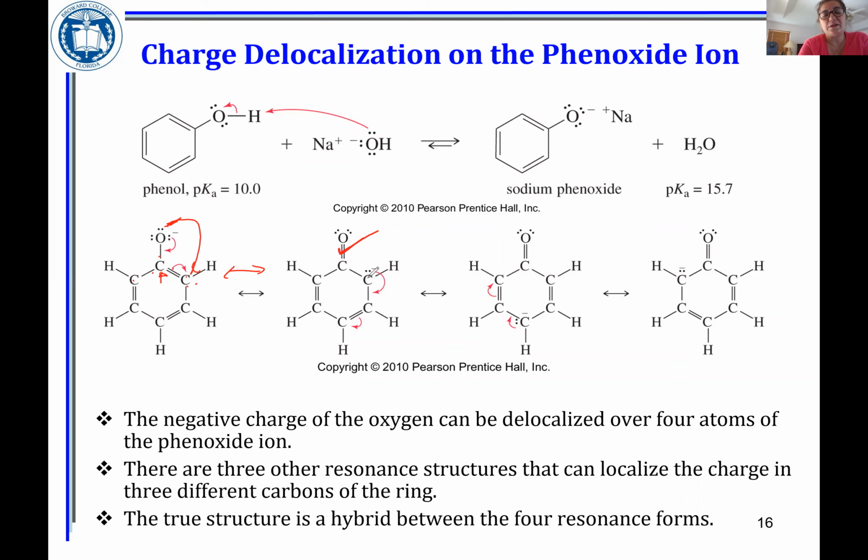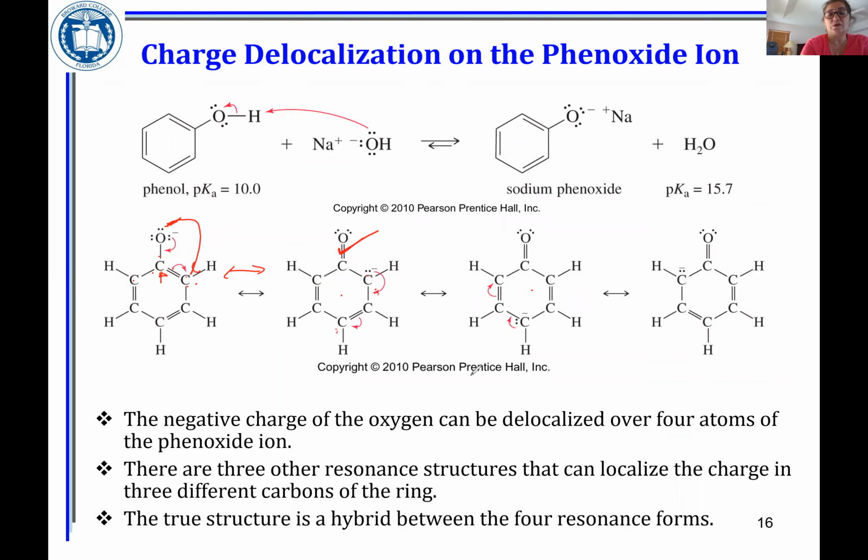Now, going from resonance 2 to resonance 3, dropping the pair of electrons from carbon again, you get the double bond. The pi bond is going to move to the next carbon, and you get the new resonance.